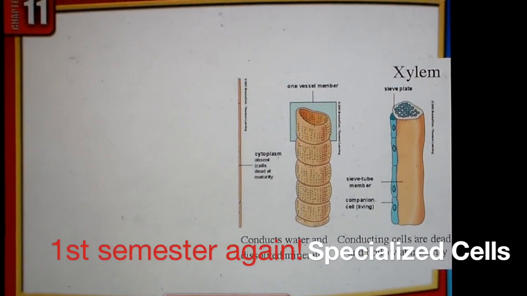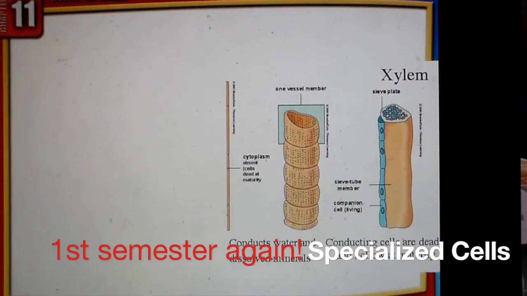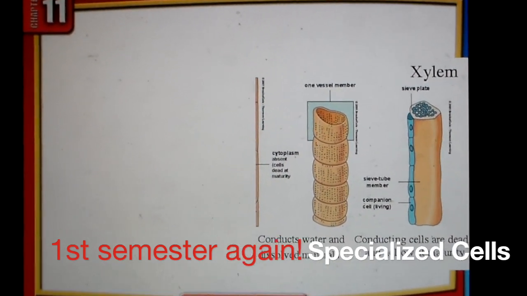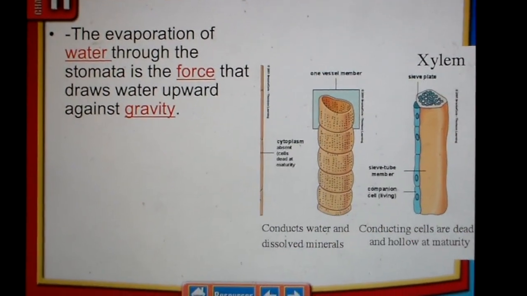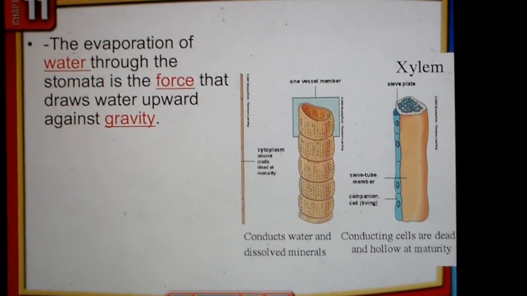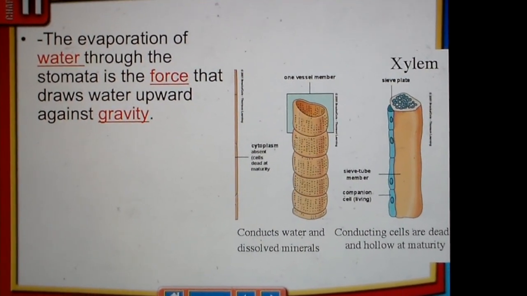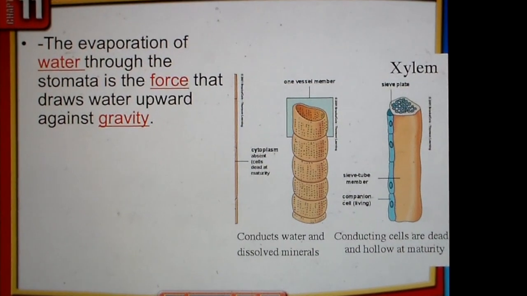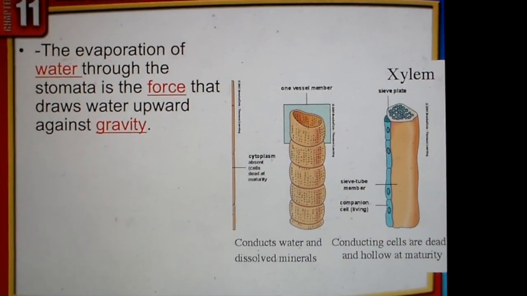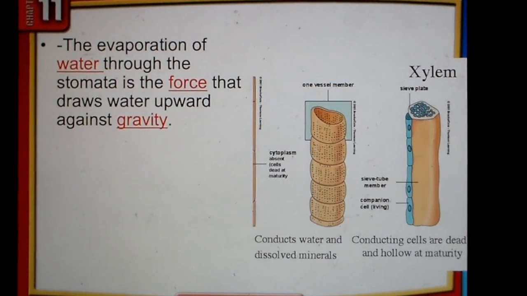You might remember that we learned about a specialized cell called xylem, and xylem was responsible for moving water in plants. Well, it turns out the evaporation of water through the stomata is the force that draws water upward against gravity. You may have wondered, how can something like a tall redwood tree pull up water when gravity makes things go down?